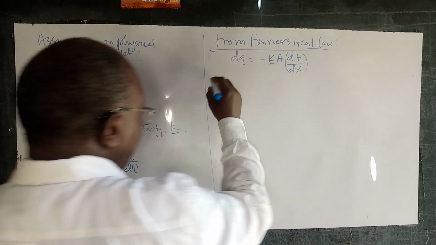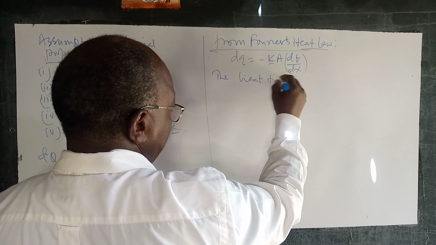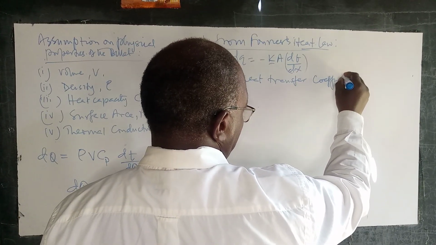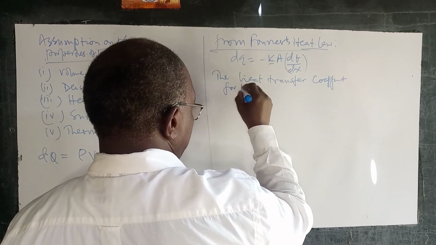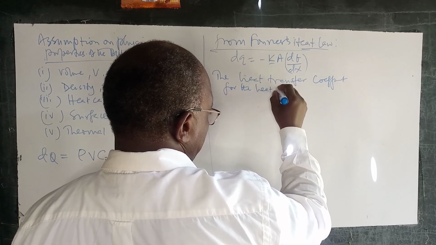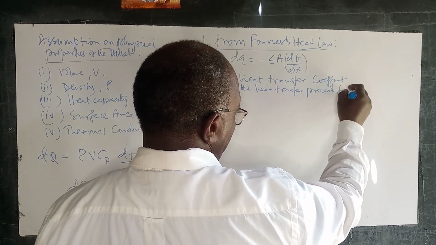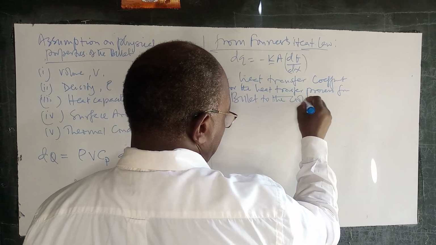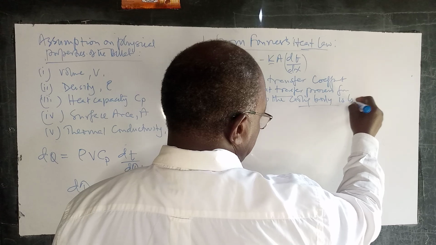And so if we say the heat transfer coefficient for the heat transfer process from the billet to the cooling body, or cooling bath, is H.